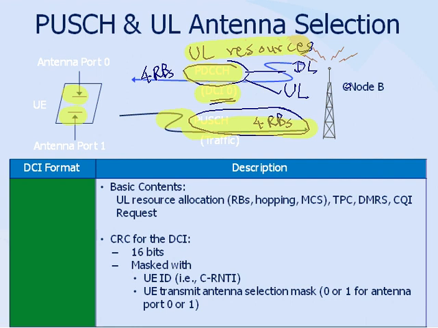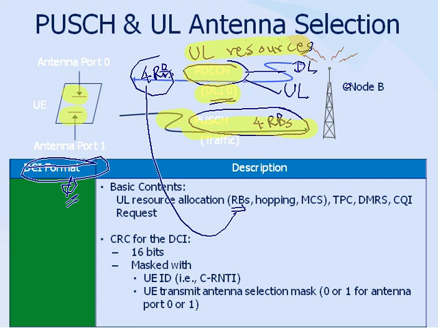What is inside the DCI format 0? So basically, we have the specific resource blocks, and for the uplink, it is straightforward. So we give, let's say, physical resource blocks 3, 4, 5, 6.